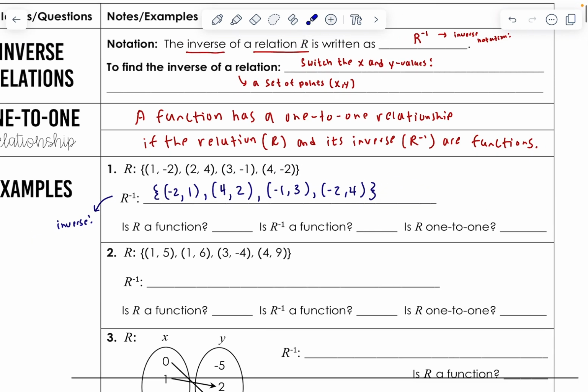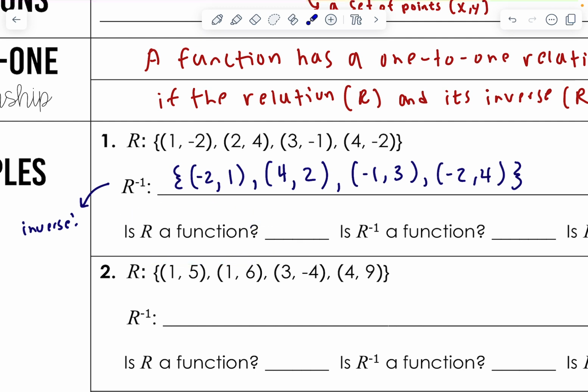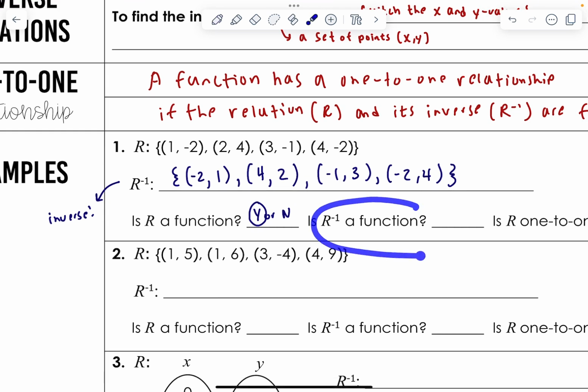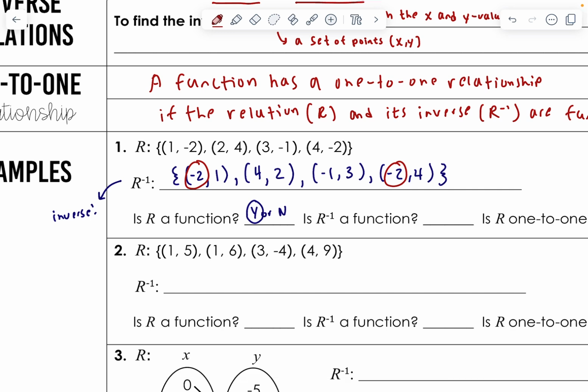And then we ask ourselves the following question: is R a function? Yes or no? If you look at R right here, none of the x values are repeating. So for the relation R, yes, it is a function. Now the question on this middle part right here is asking, is the inverse of R a function? If we look at the inverse of R at the x values, we notice that -2 is repeating for the inverse of R. In this case, the inverse will not be a function.